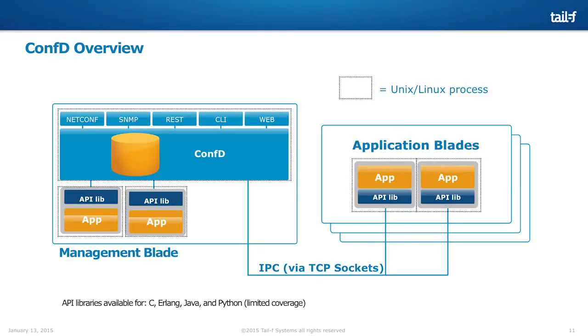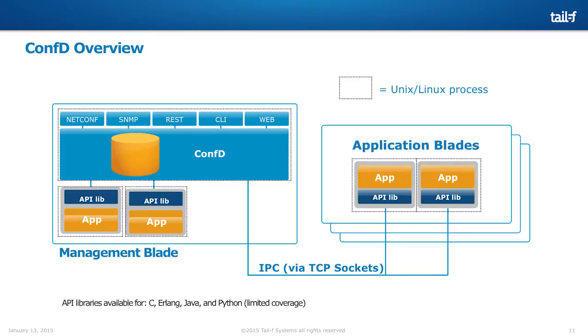Now, let's take a look at how ConfD architecturally runs in the operating system. In this slide, first off, in the upper left, we see the ConfD daemon. This is actually a server daemon process. ConfD runs in the system in a client-server fashion. The ConfD daemon is the server process. Your applications are clients that access that server daemon.